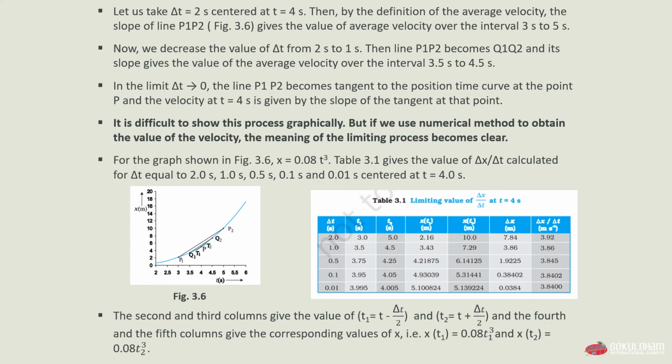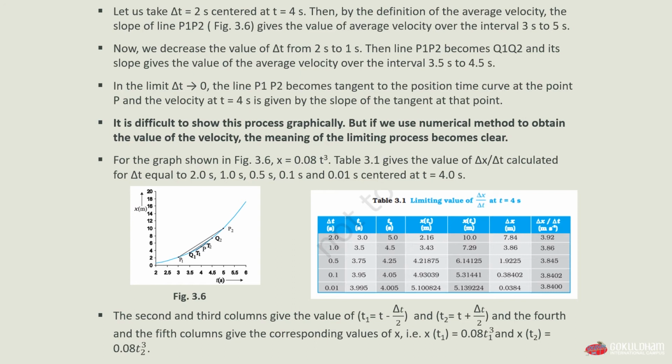As you can see in table 3.1, we have taken the numerical method. For the graph that is shown in figure 3.6, the value of x equals 0.08 t cubed. And table 3.1 gives us the value of delta x divided by delta t, displacement divided by time interval, which is calculated for different values of delta t, which are 2 seconds, 1 second, 0.5 second, 0.1 second and 0.01 second.